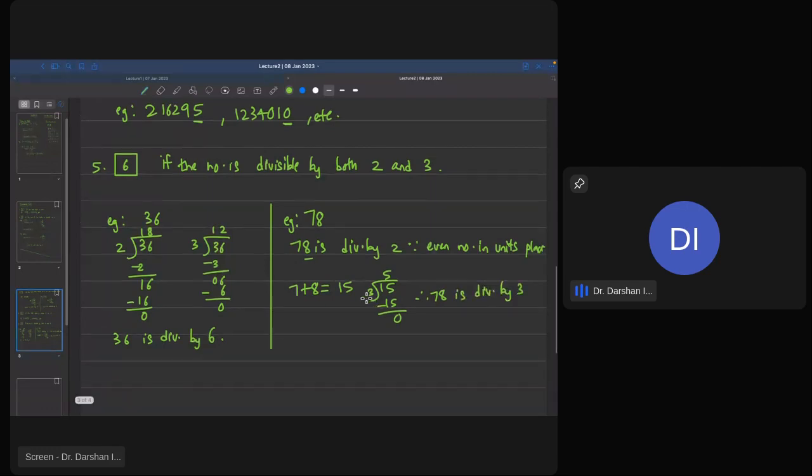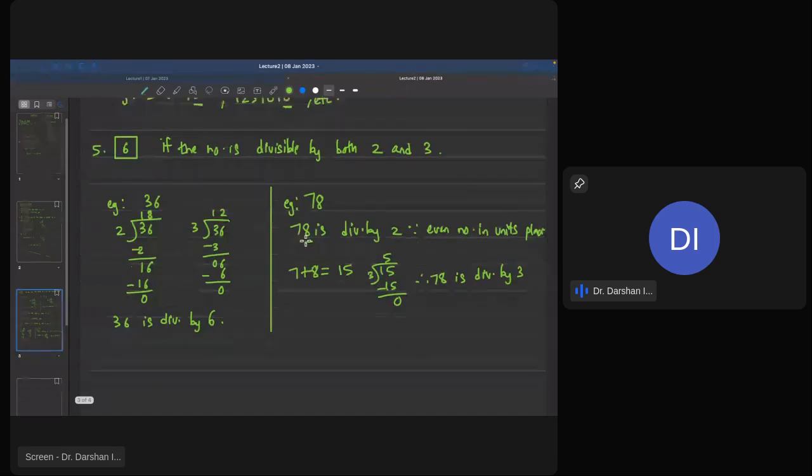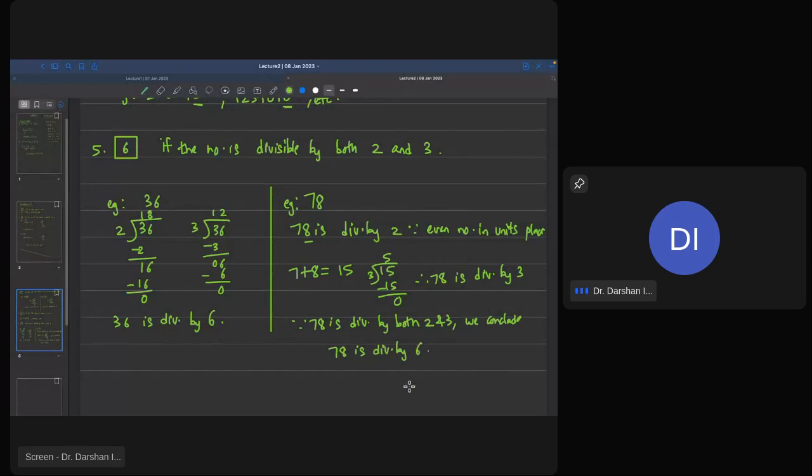And since 78 is divisible by both 2 and 3, we conclude 78 is divisible by 6. Finish.